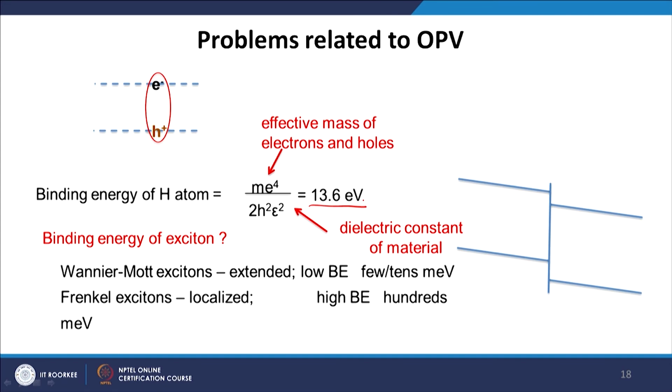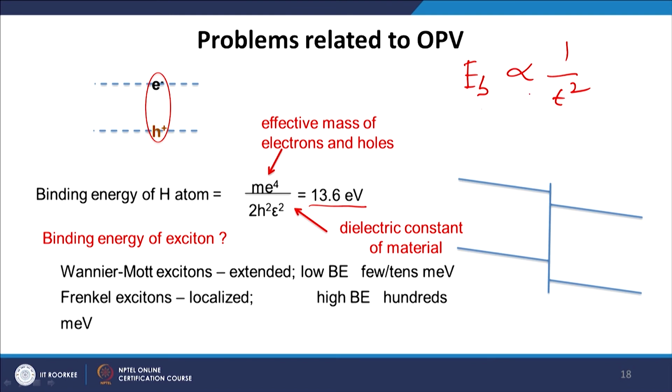Now, this binding energy E_B is inversely proportional to epsilon square. If the dielectric constant is low, then the binding energy will be high, and if the dielectric constant is high, then it will be low. In an inorganic semiconductor like silicon, the dielectric constant is high, that is why the binding energy is low, so the charge carriers are free charge carriers.